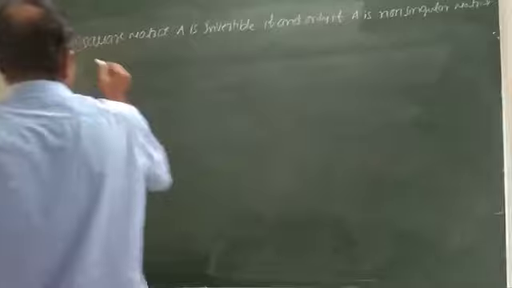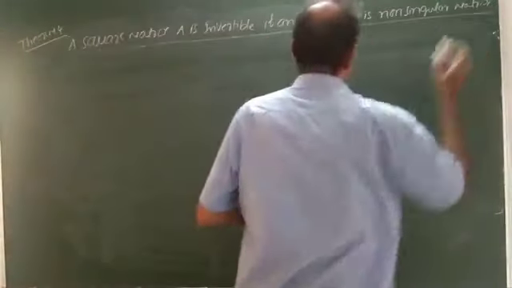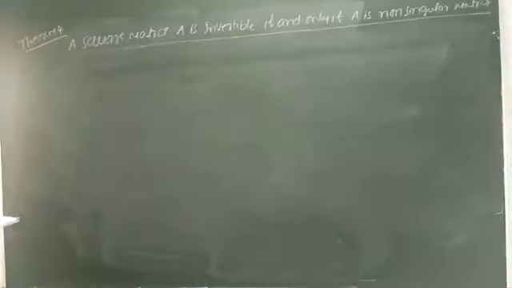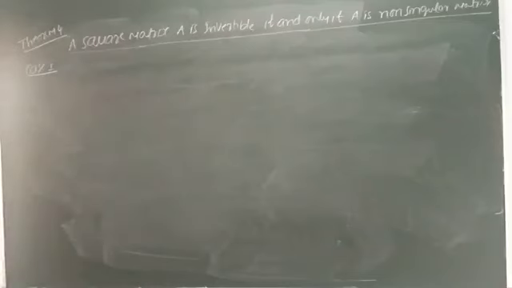A square matrix A is said to be invertible if and only if A is a non-singular matrix. That's what we have. So let us take case 1. You have to prove that A is invertible if and only if A is a non-singular matrix.